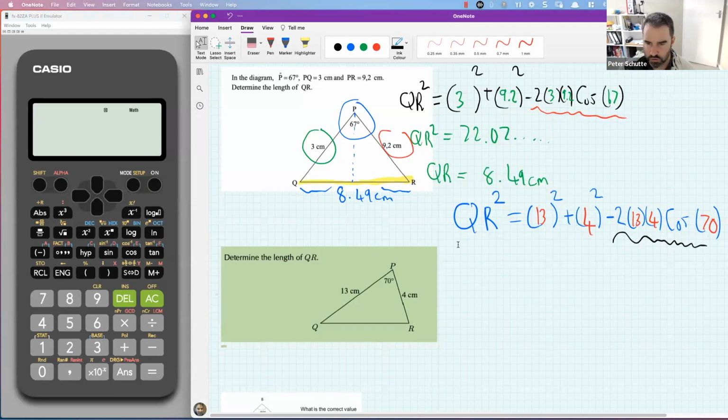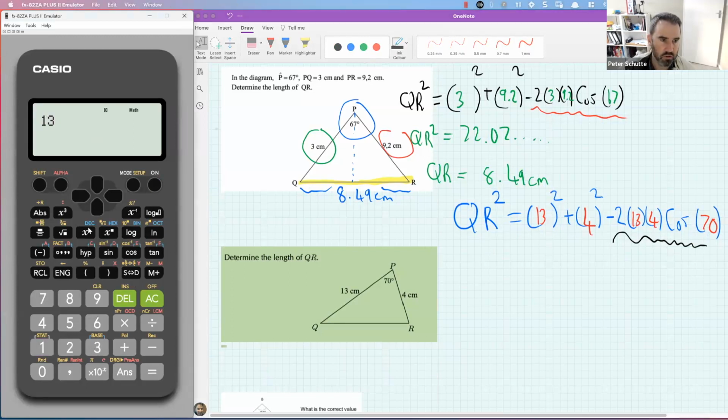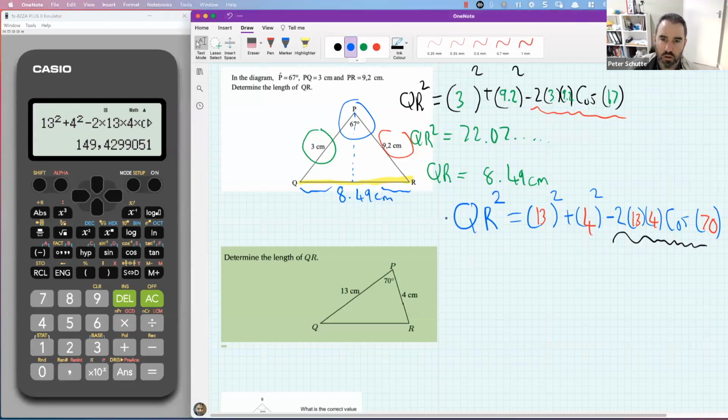And now what I need to do is type this into my calculator. So I go 13 squared plus 4 squared minus 2 times 13 times 4 times cos 70. And that will give me what QR squared is equal to, but I'm not after QR squared.